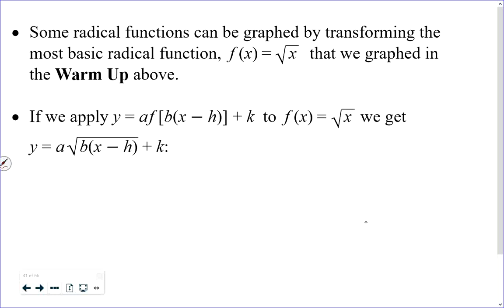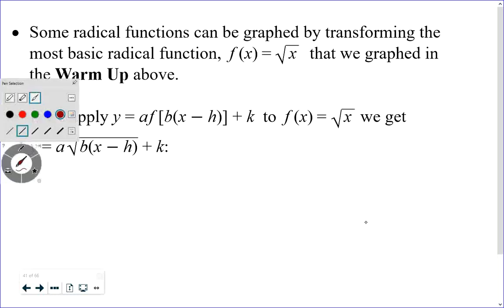If you apply our template transformation of y equals a f of b bracket x minus h bracket plus k to f of x equals root x, that's what you get. Now, why do you get that? Well, f is the square root in f of x equals root x.